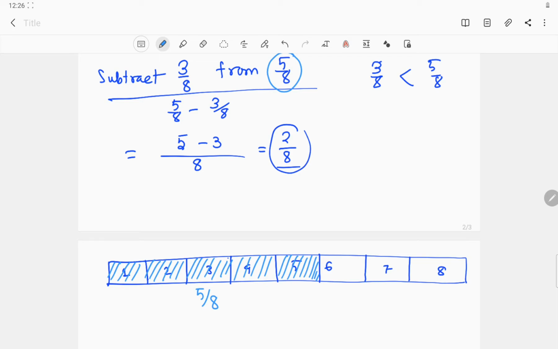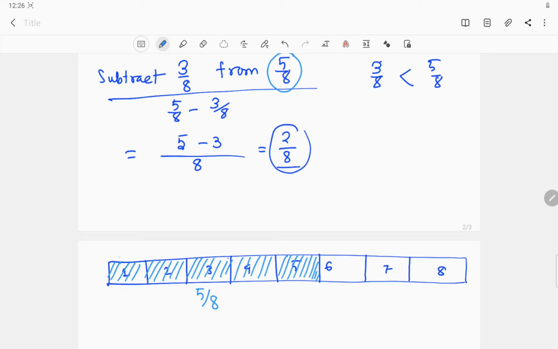Now I want to eliminate, because subtraction means eliminate. I want to remove the 3 by 8th part. The 3 by 8th parts will be this portion.